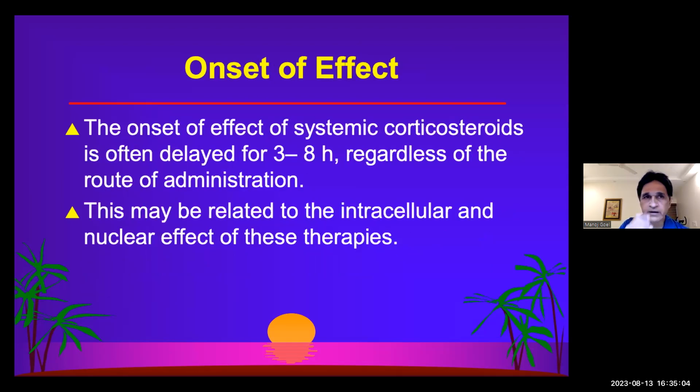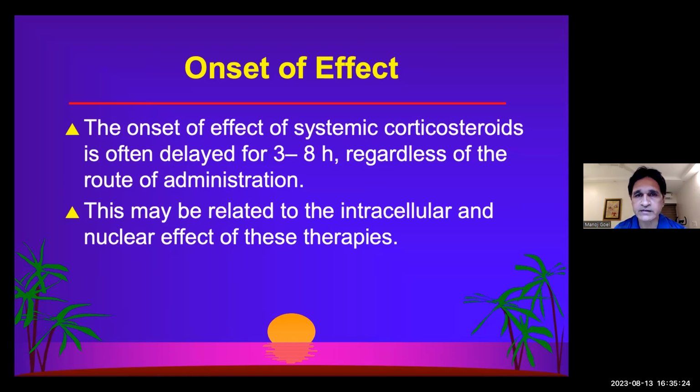mechanisms. The onset of effects of systemic corticosteroids is often delayed for 3 to 8 hours, regardless of the route of administration. Again, this is because of the intracellular and nuclear effects of these therapies. So that's why there is no added benefit of giving IV hydrocortisone over oral corticosteroids like prednisolone.